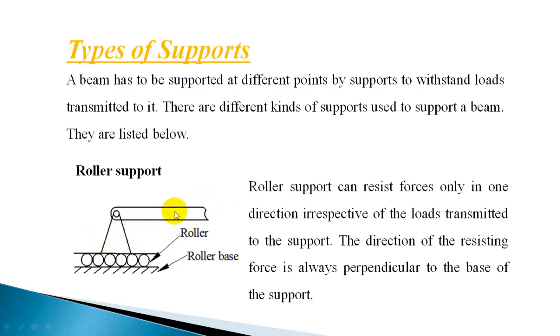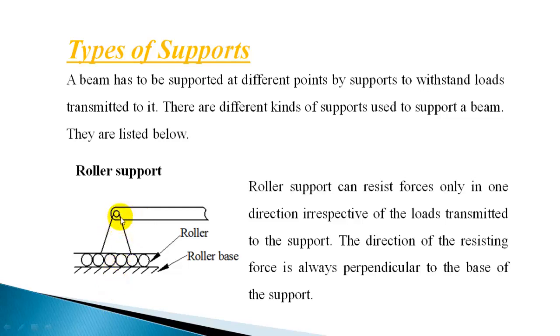So axial loads, or loads acting in the horizontal direction, cannot be taken up by this roller support. Whatever the load acting on this part of the beam, the roller support can resist only forces perpendicular to the base of the roller. So the reaction from the roller base will be perpendicular to the base of the roller.